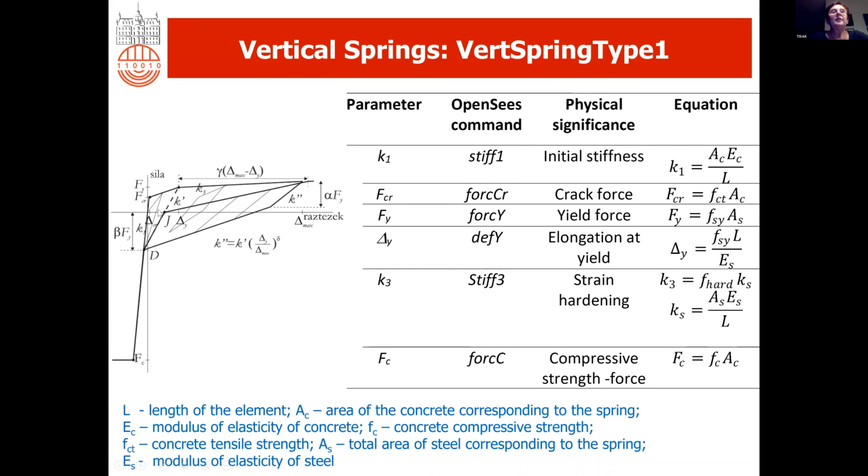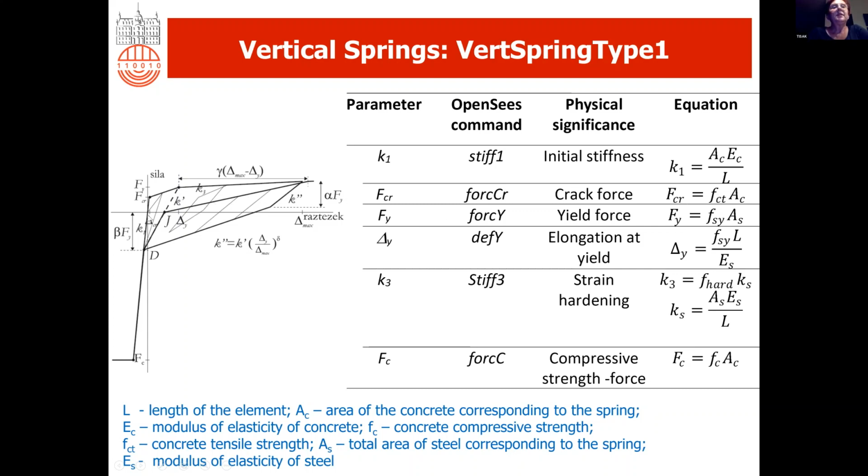Then the next parameter is this force, F crack, actually the force when the concrete cracks, and we can calculate it as again the area of each segment multiplied by the concrete tensile strength.